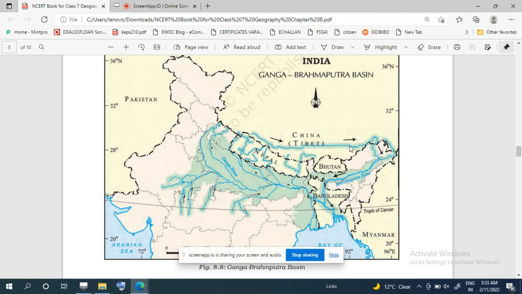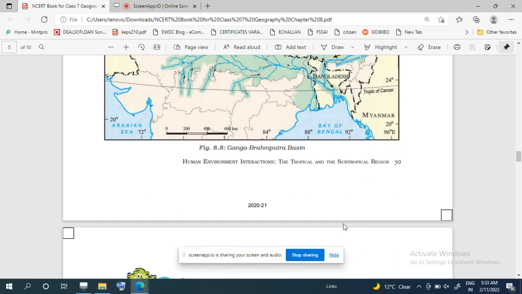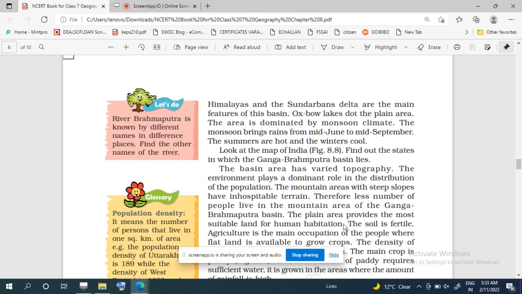And this Brahmaputra enters India in Arunachal Pradesh by taking a U-turn, and then it also meets Ganga, and ultimately they flow into the Bay of Bengal.